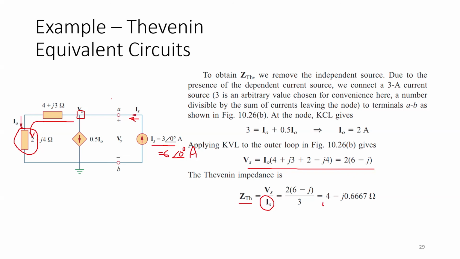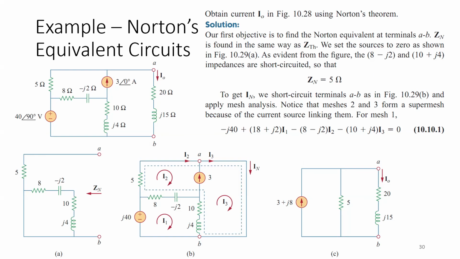In this way, the final result would remain the same. So finally, what we get is that Zth will remain the same as in case of 3 ampere or 6 ampere.